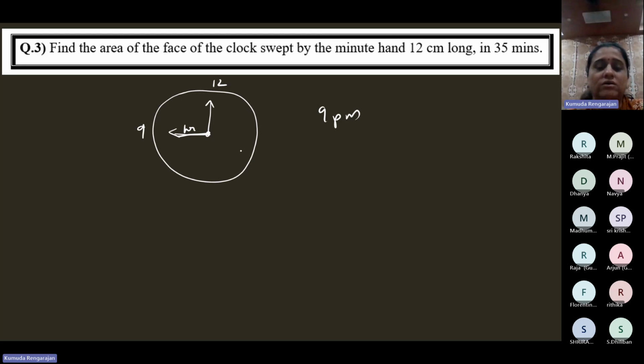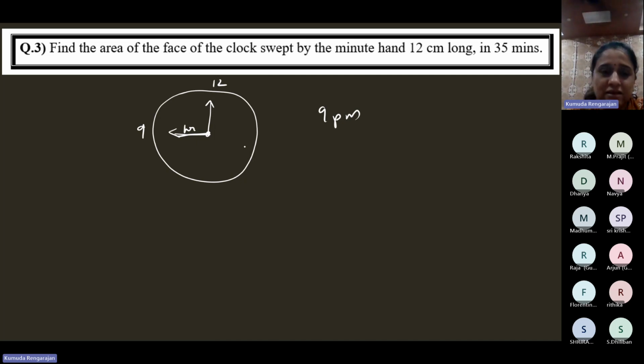At 9 o'clock, the minute hand is at 12. The minute hand will come back to 12 at 10 p.m. So the minute hand just needs 1 hour, that is 60 minutes, to go 360 degrees.